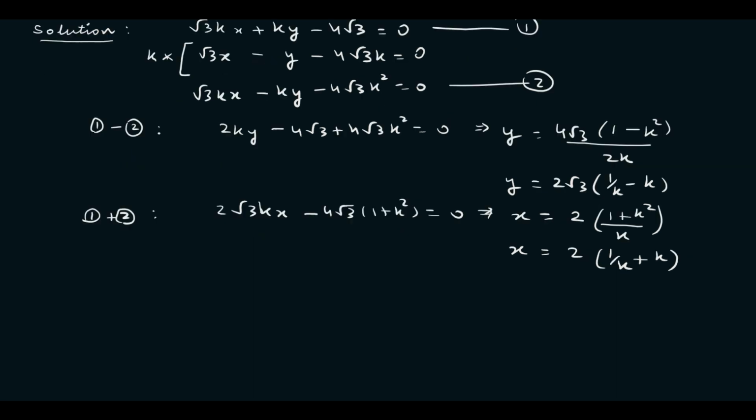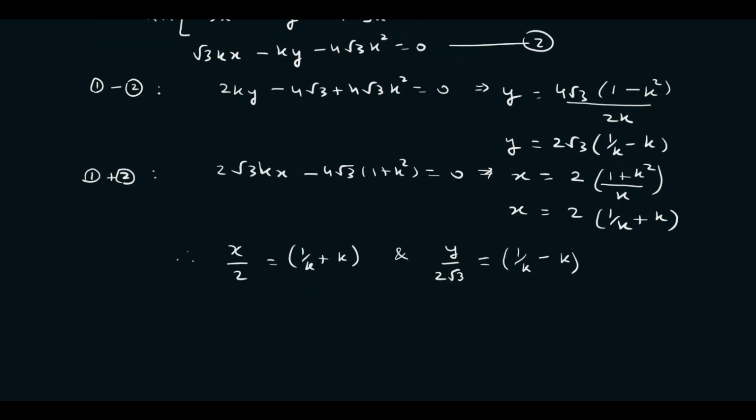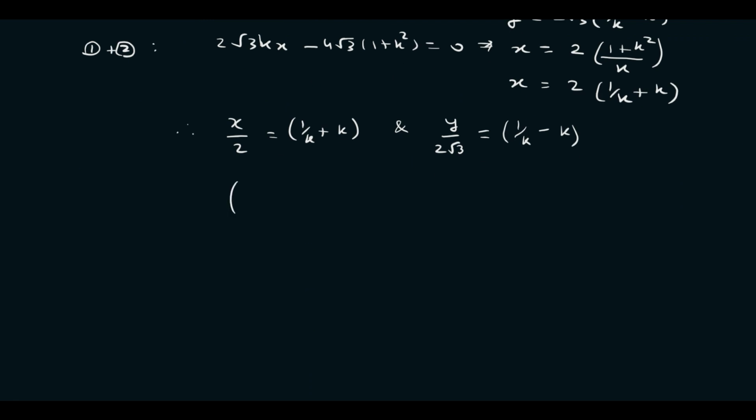Now we got the two values x and y. We need to just get the relation between them, because this is the point of intersection whose locus we need to find. So what we do is x by 2 is 1 by k plus k, and y by 2 root 3 is 1 by k minus k. Squaring them and subtracting them, x by 2 whole square and y by 2 root 3 whole square, you subtract, you get (1 by k plus k) whole square minus (1 by k minus k) whole square.